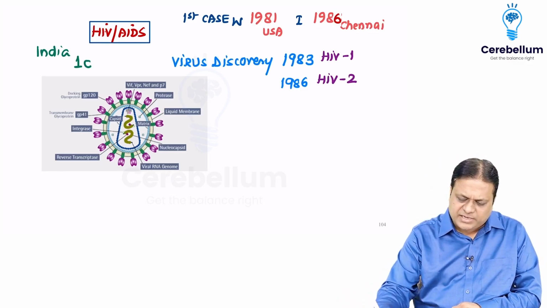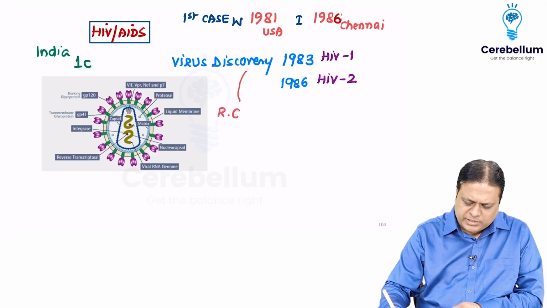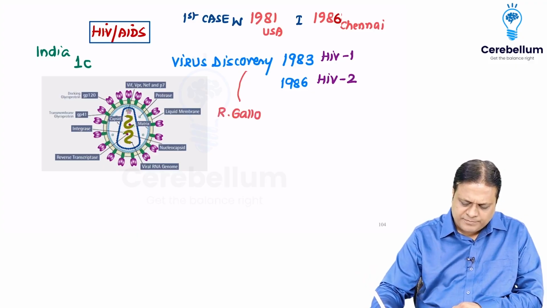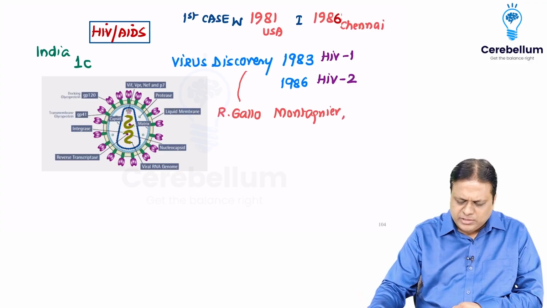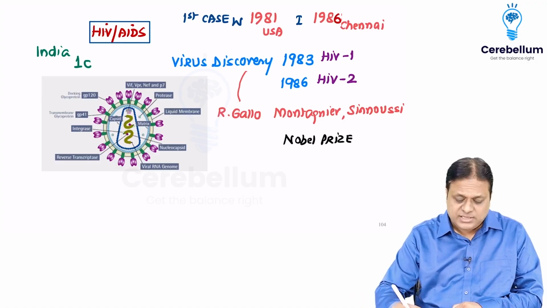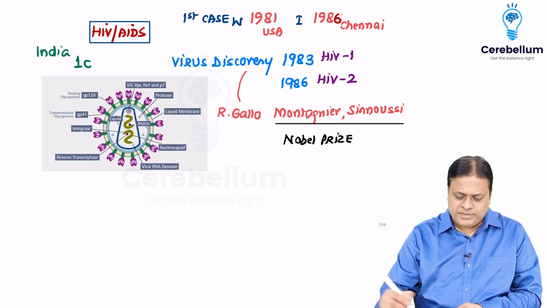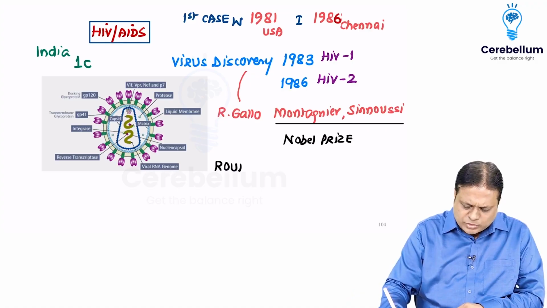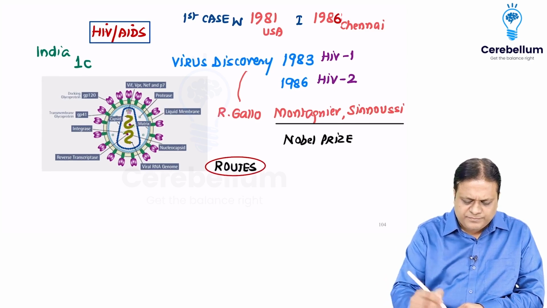This HIV virus discovery was done by Robert Gallo in USA and Montagnier and Sinoussi in France. But when we look at Nobel Prize for discovery of HIV virus, that was given to Montagnier and Sinoussi of France.